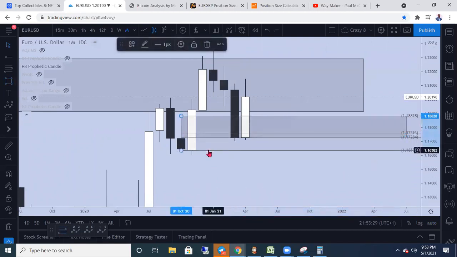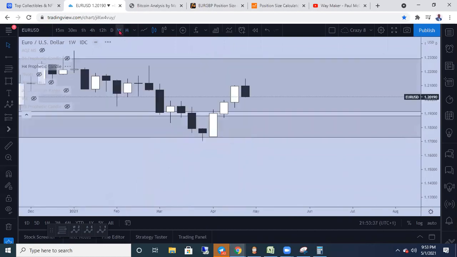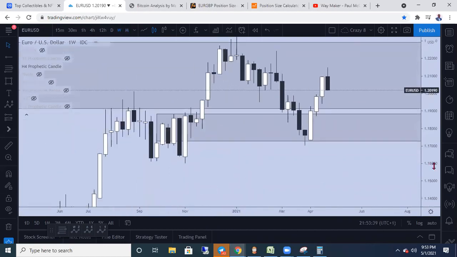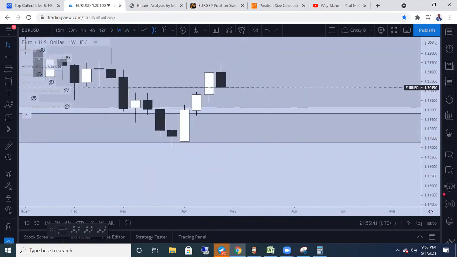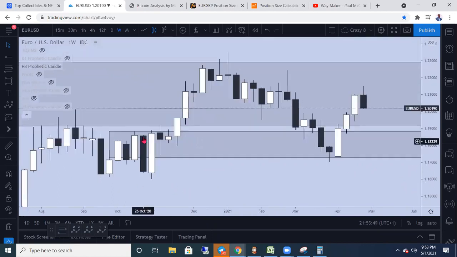Everything we're doing here is off the monthly, guys. So I have sells, buys. I can now go down to the weekly time frame.